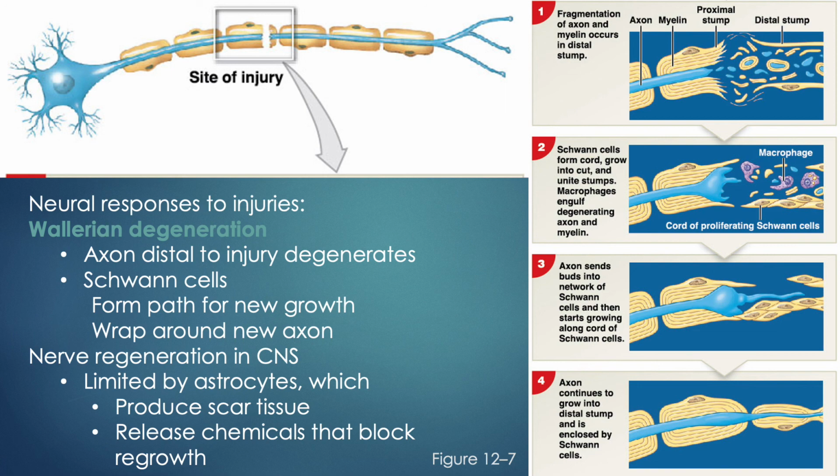But it's not driven by the axon itself. The actual structure of the Schwann cell has to be there intact, creating that attachment first before the axon can actually grow through it. Now, nerve regeneration, like I mentioned earlier, is limited in the central nervous system because we have astrocytes, and those astrocytes will produce scar tissue, and they also release chemicals that are going to block regrowth. So Wallerian degeneration is something we will expect to see in the peripheral nervous system.